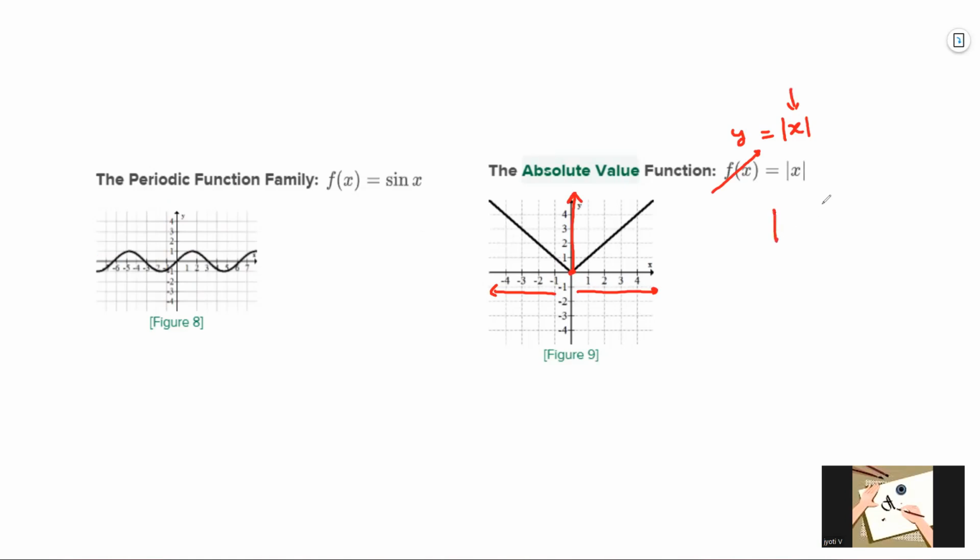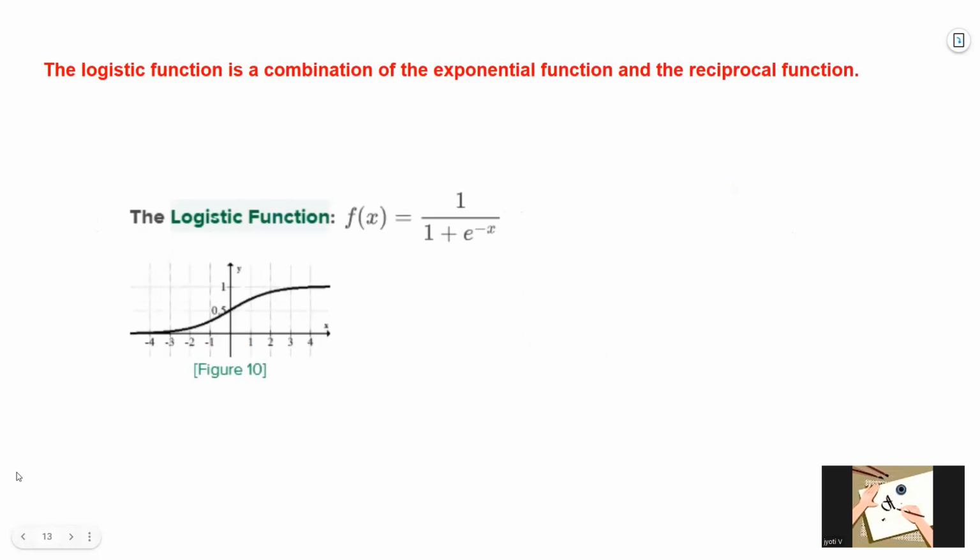Because the absolute value of any number is always a positive number. That's why the graph is symmetrical about the y-axis, and it is a straight line graph because it is still a linear equation. So the periodic function and the absolute value function are also family members of functions.